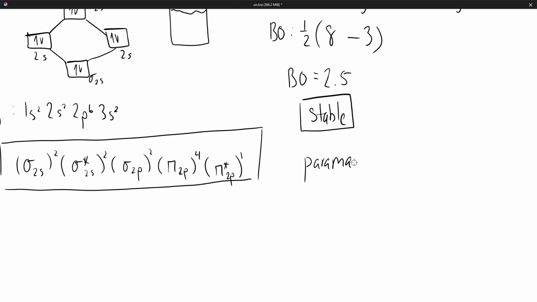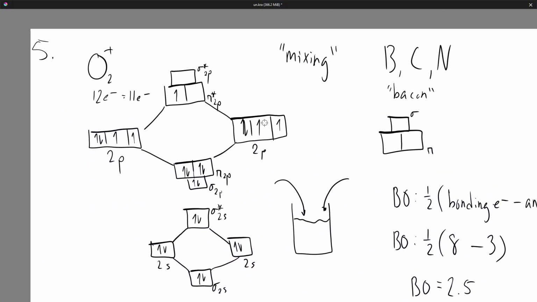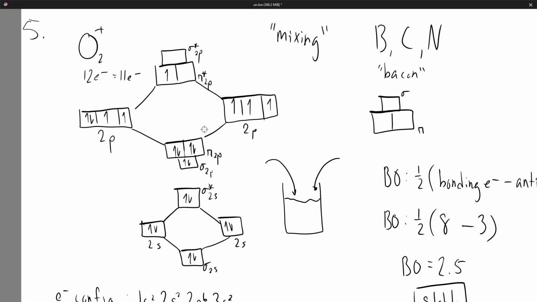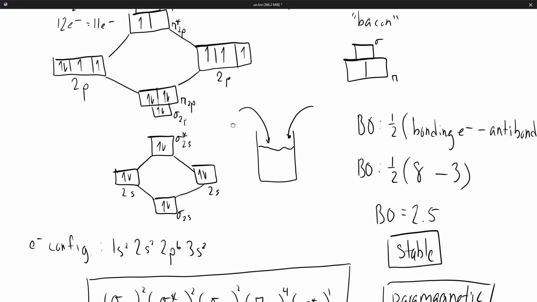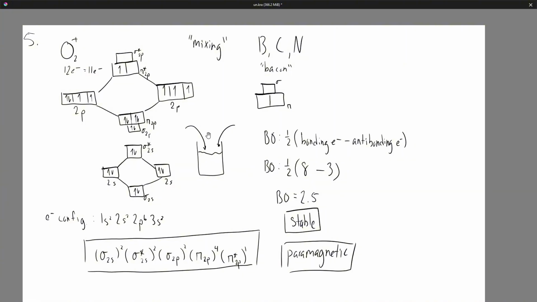So just write down paramagnetic. It would be diamagnetic if all of these were filled, like this. But they're not, which means it's paramagnetic. That should be it for number 5.